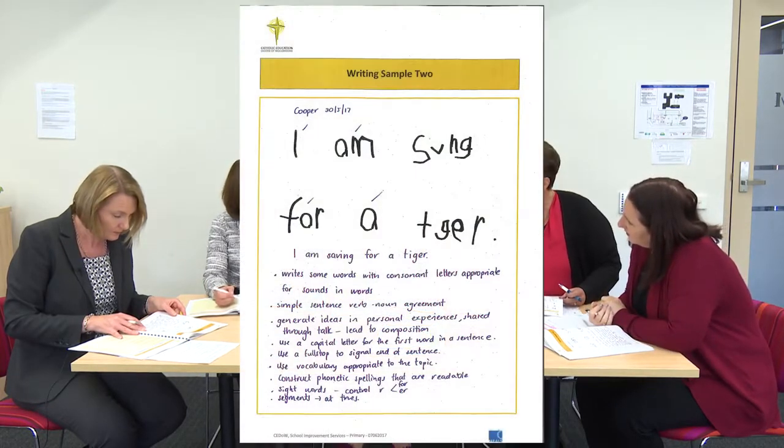Also over here where he's looking at saving, "I'm saving for a tiger." Again, looking at that open syllable there, long and short vowels. And it's interesting here that he didn't actually pick up the ing in the writing, and he hasn't picked it up in his reading as well. No. So obviously I need to look at that inflection closer.